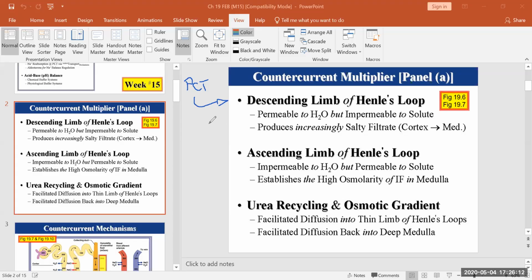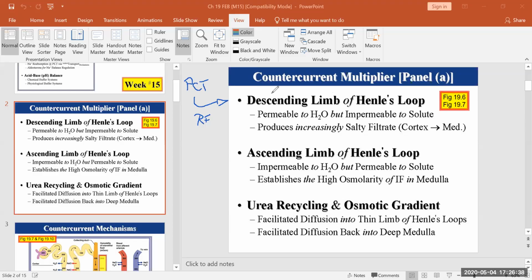And as the renal filtrate, RF, travels through that descending loop of Henle, and this is where you see it on figure 19.7 on panel 2. As it goes down, water is leaving, right?